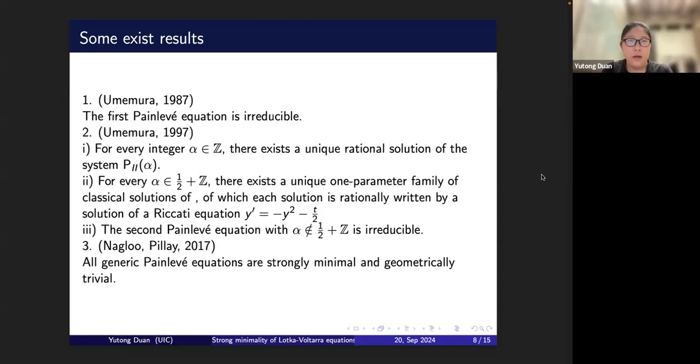At first, in 1987, Umemura proved the first Painlevé equation is irreducible in an algebraic way, or I think he also used group theory. And then in 1997, he also proved irreducibility for the second Painlevé equation with alpha not in 1/2 plus Z.